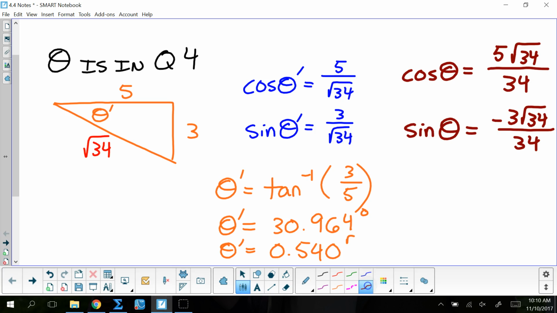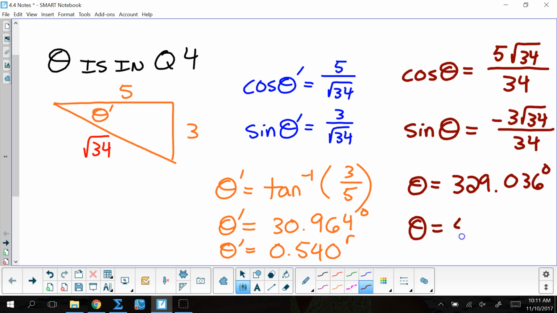So that gives me a theta of 329.036 degrees, or 5.743 radians. Yes? Questions on that?